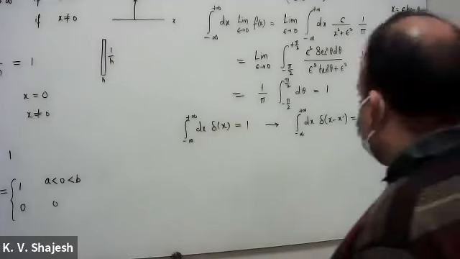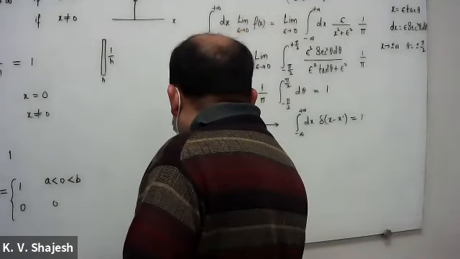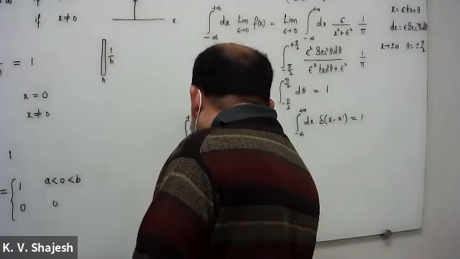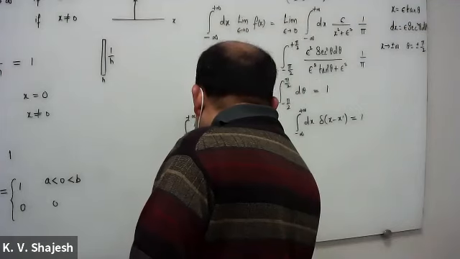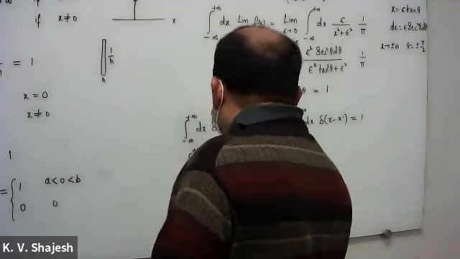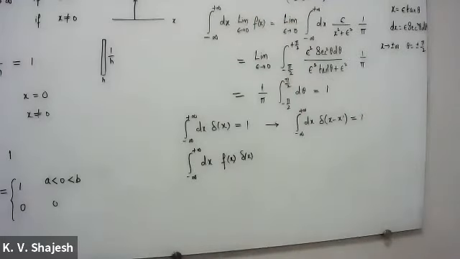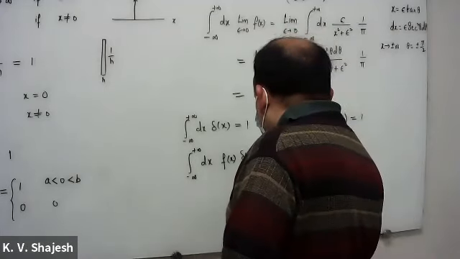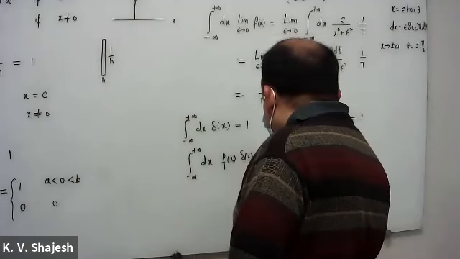If we use that, we can now multiply this with a function, as long as the function itself doesn't go to infinity at x equal to 0. Then you will be evaluating it at that point, and this is equal to f of 0.